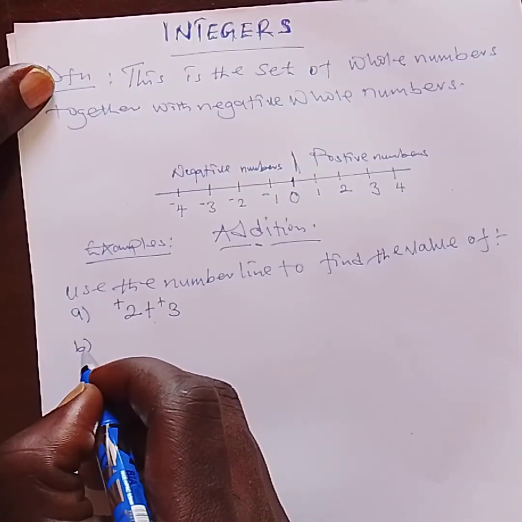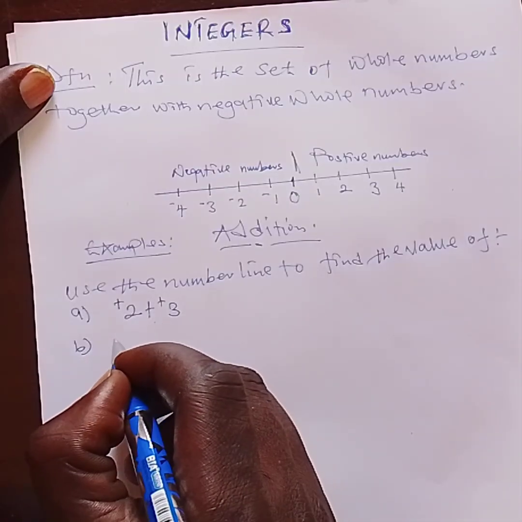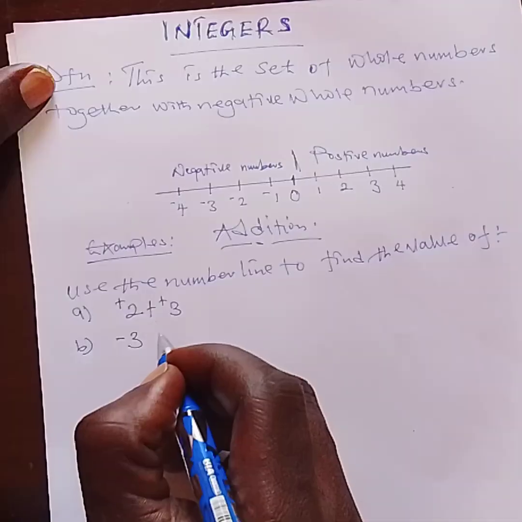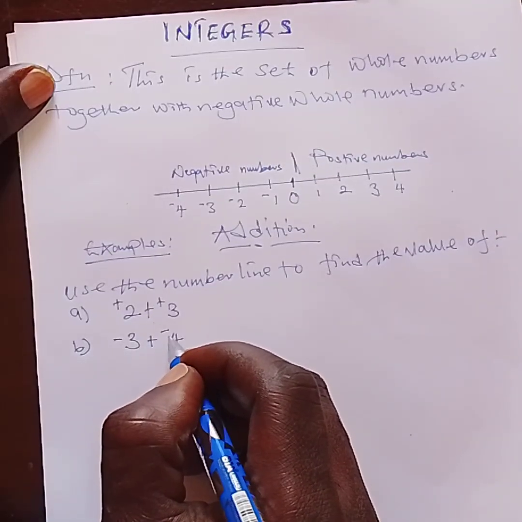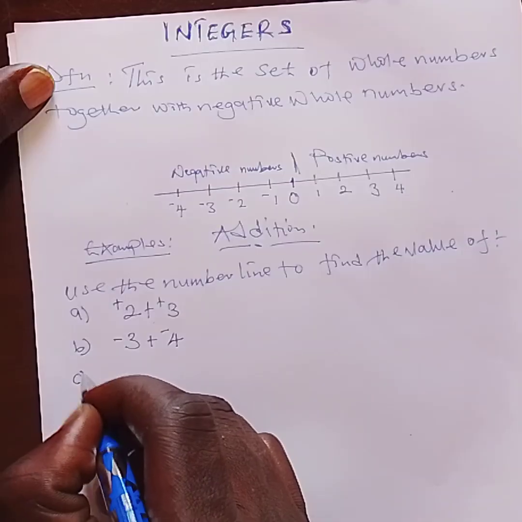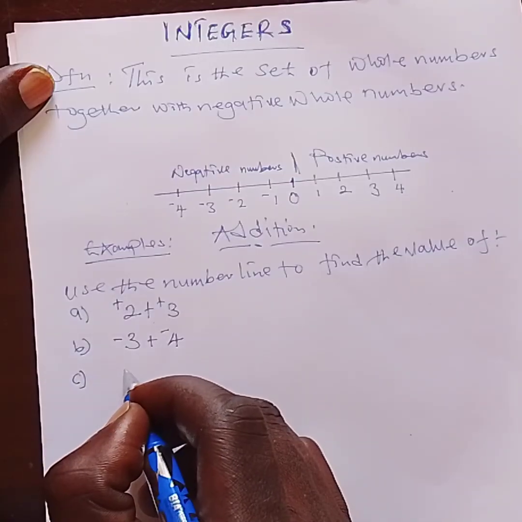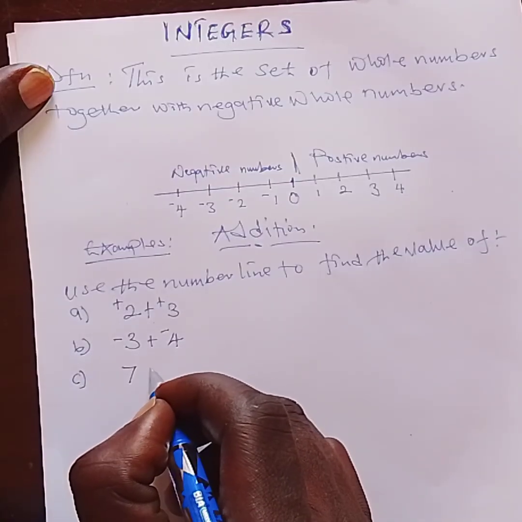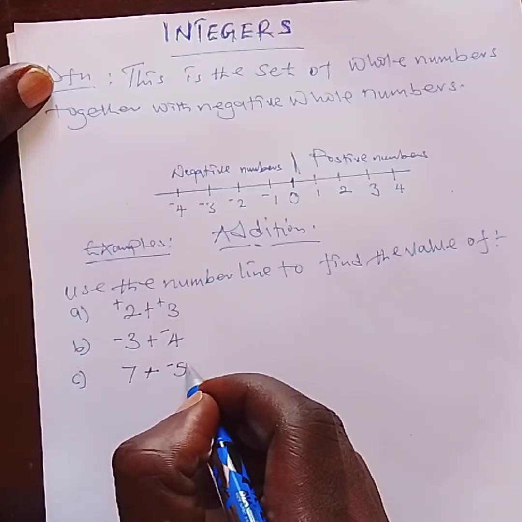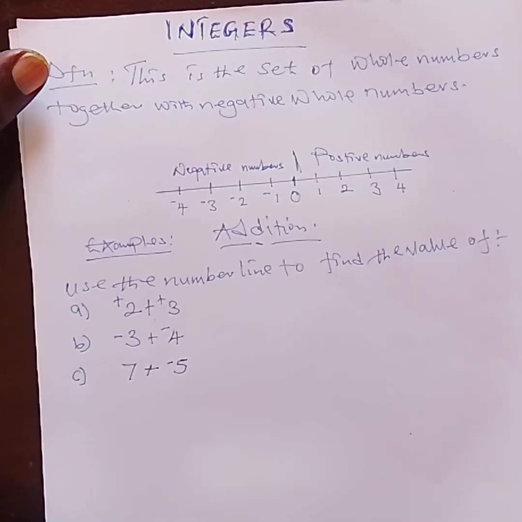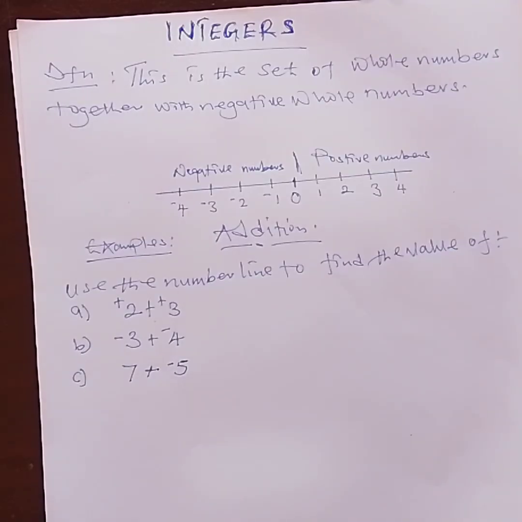B part, negative 3 plus negative 4. Then C part, positive 7 plus negative 5. So those are our integer numbers.